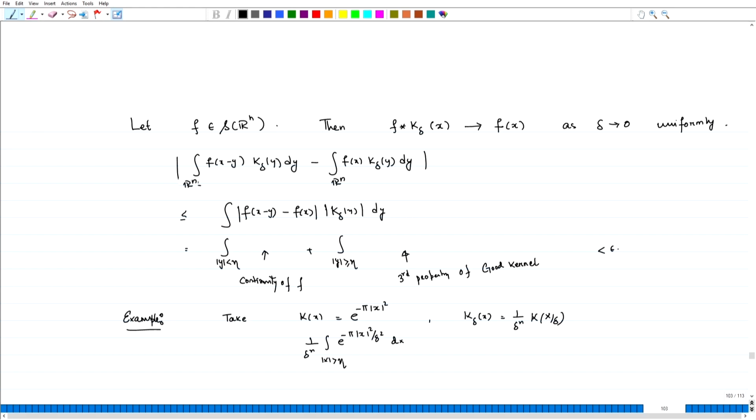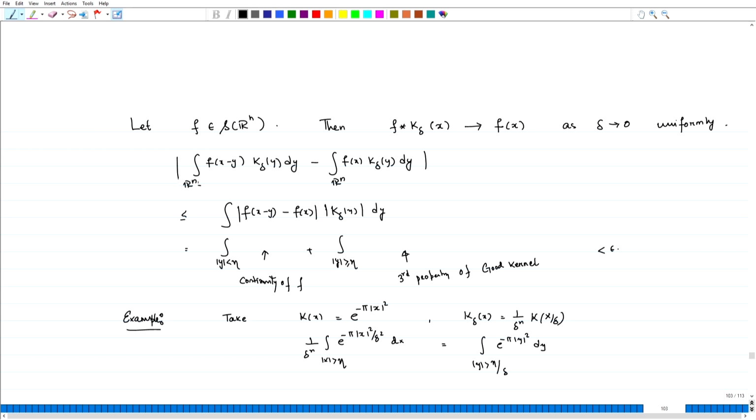If we are taking this, then by making a change of variable, we get e to the minus pi |y| squared dy, with |y| greater than eta by delta.